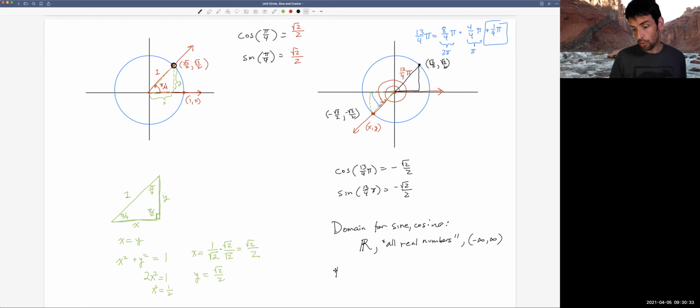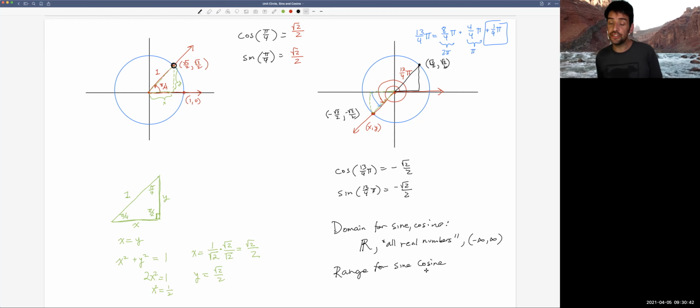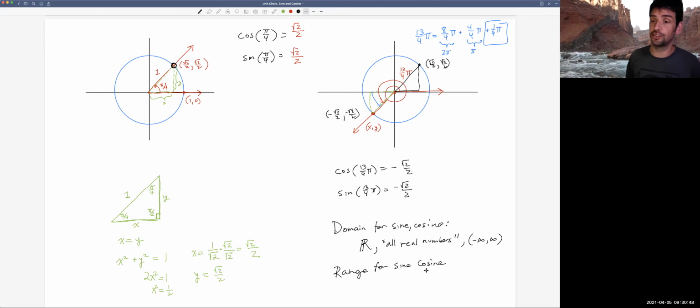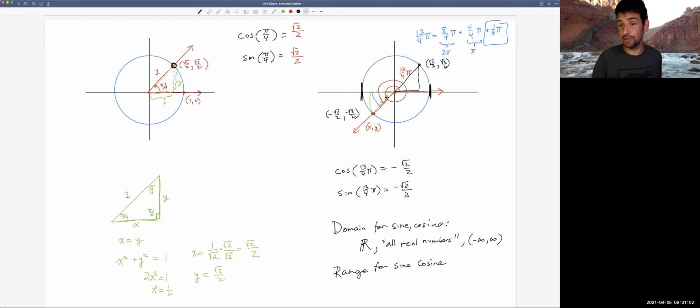What about the range? Well, remember, the range is the output. What's the largest to the smallest values that these functions can output? Let's think about one at a time. Looking at this unit circle, the cosine function, the x values are the largest over here and the smallest over here, and they'll hit every value in between, right?